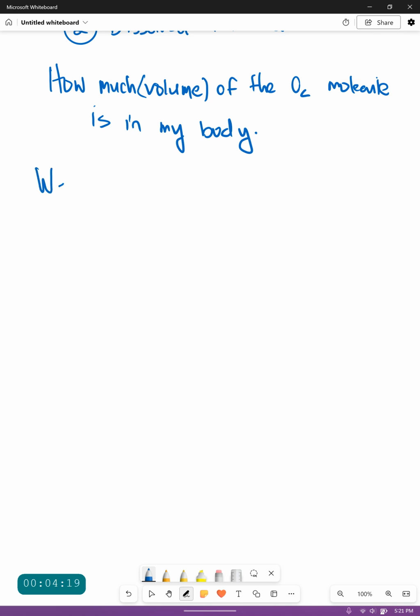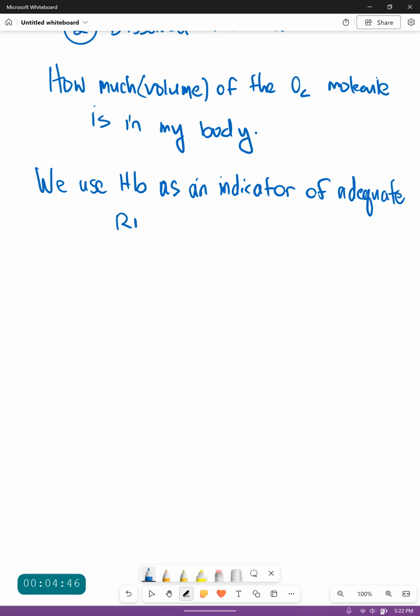We use hemoglobin as an indicator of adequate red blood cells and O2 carrying capacity.